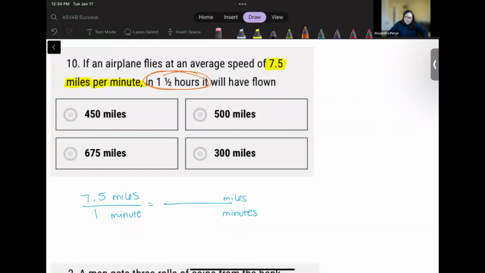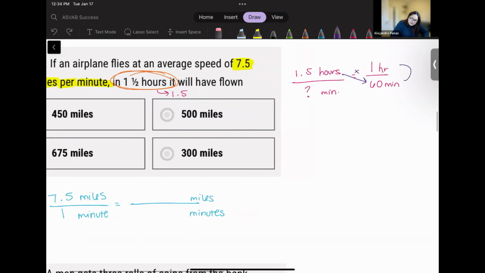Yeah, okay. So we're going to convert 1.5 hours. I'll be nice to you guys. I know you want me to change it to a decimal, so I'll change it to a decimal. So we have 1.5 hours, and we want to figure out how many minutes that's going to be. Like Cassie was saying, 1 hour is 60 minutes. So we can cross multiply and divide.